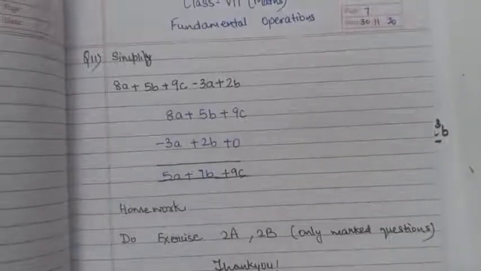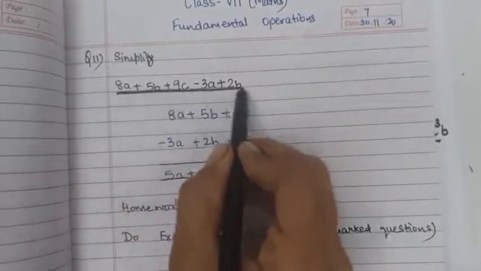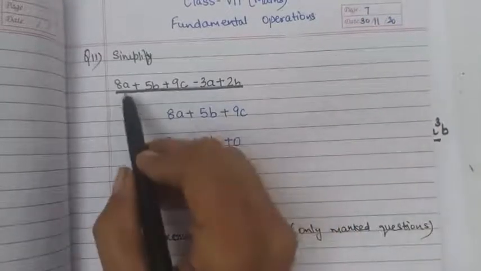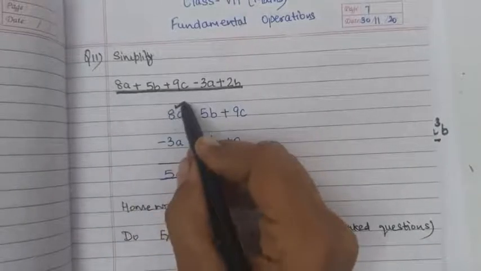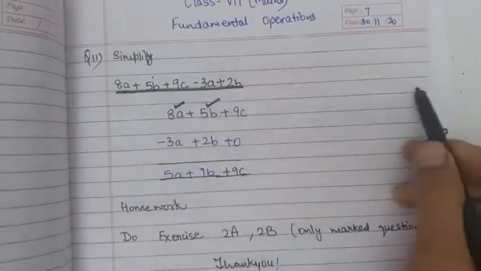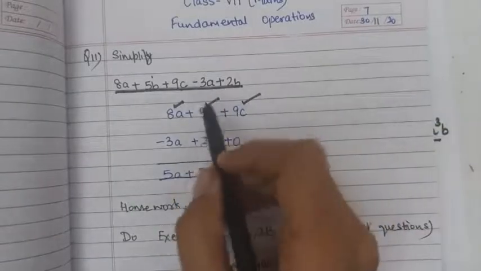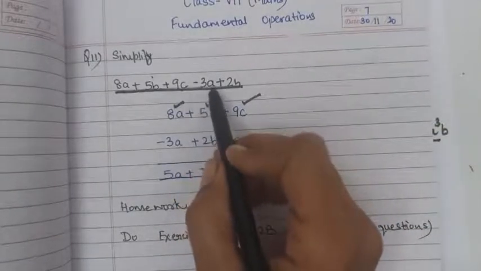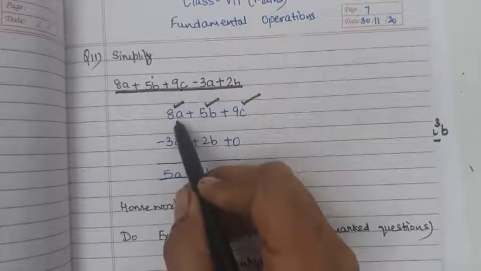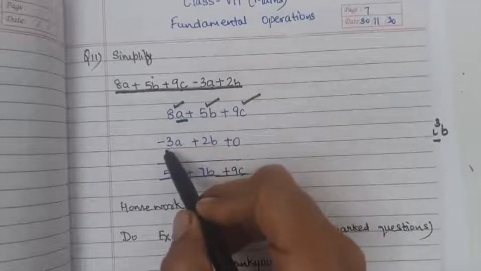Now let us discuss the last question of simplification, and here I am following the column method. 8a, write down 8a. 5b, write down 5b. Then 9c, write down 9c. Now the next term is minus 3a, and we have already written the term containing a, so minus 3a will come here.